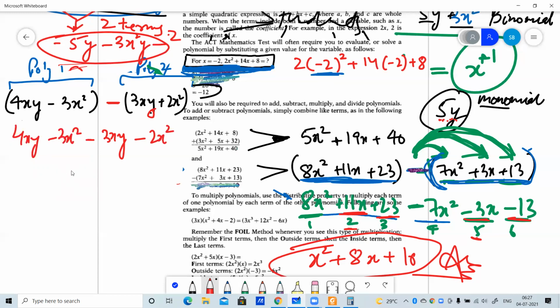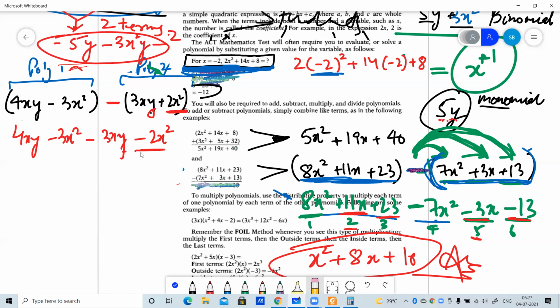Now I can solve it. Are you following what's happening when we are subtracting? Yes, following. So we are just distributing this negative sign to the second polynomial. If there's any negative sign in the second polynomial, that'll become positive, and if there's any positive sign, that'll become negative. So positive 3xy became negative 3xy, and positive 2x squared became negative 2x squared.